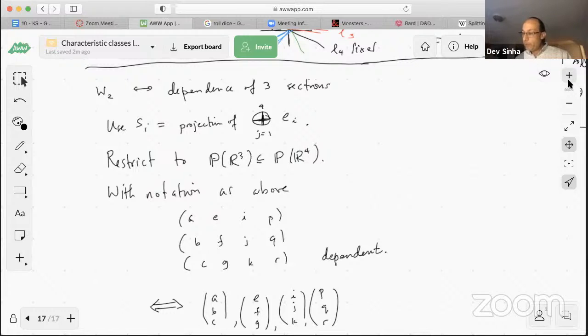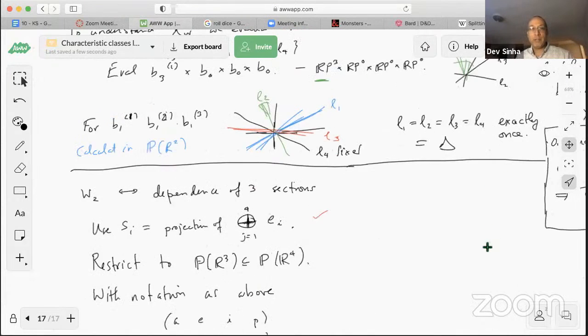And then I also want to just look inside RP2, not the full RP3. Once again, we would need to do a little more argument to show that this is a valid restriction. But with notation as above, when I project, we already calculated the values of E1 and E2.